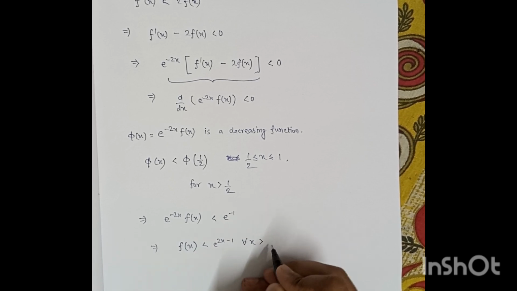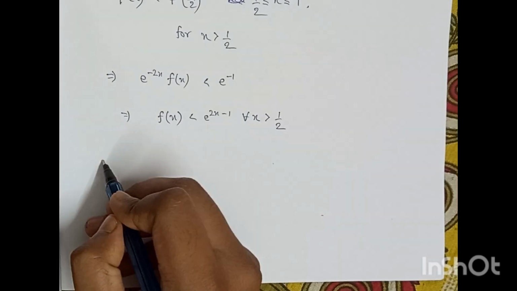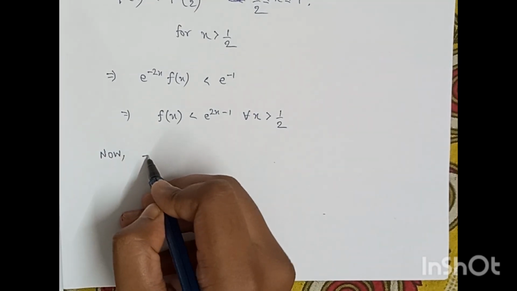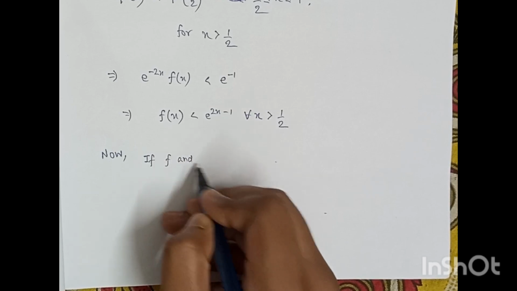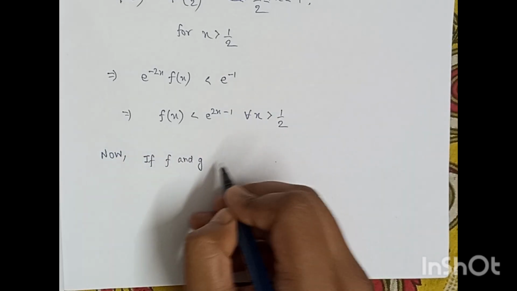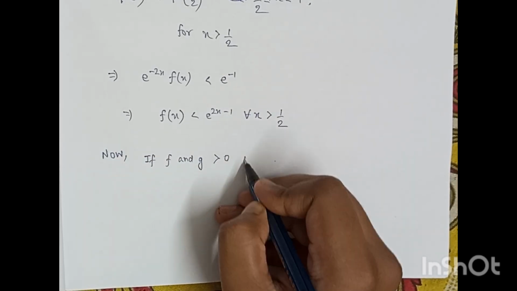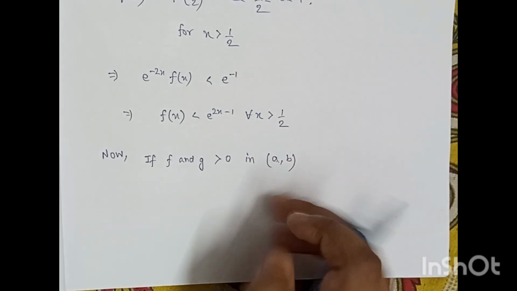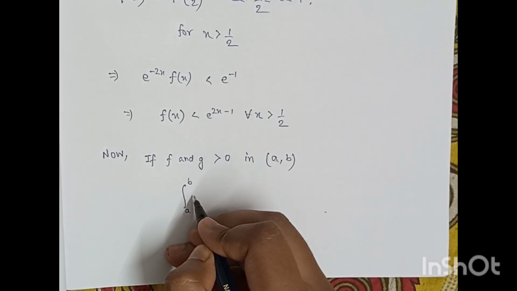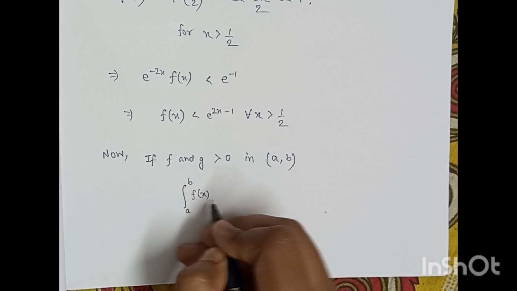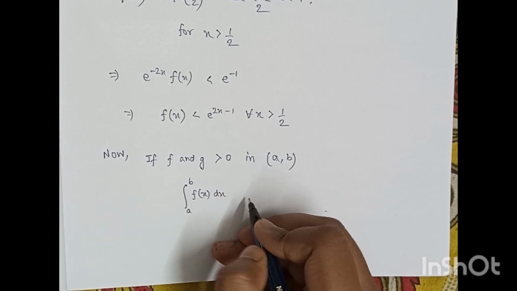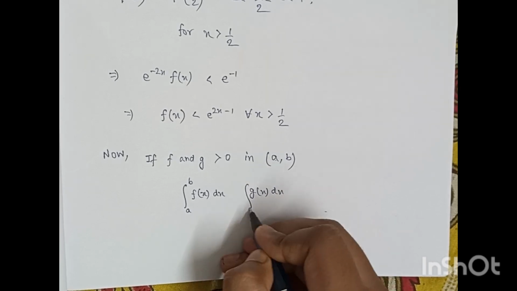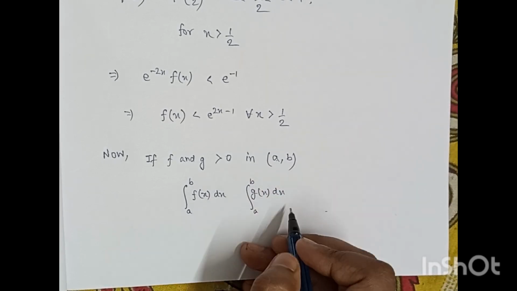Now we know that if f and g are two functions such that both are positive in some given interval a to b, then the integral from a to b of f(x) dx and the integral from a to b of g(x) dx we can compare.